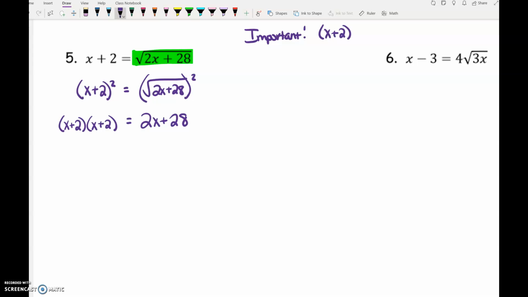X plus 2 squared becomes x plus 2 times x plus 2. You can't just square both things. Math doesn't work that way. You have to do x plus 2 times itself. This means we need to double distribute or FOIL or whatever you call it. So when I multiply this out, I get x squared plus 2x plus 2x plus 4.